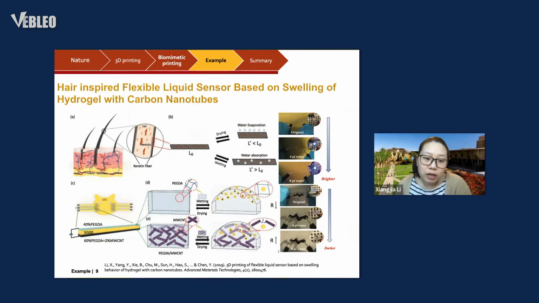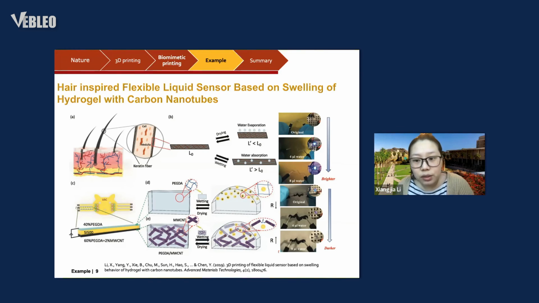Based on that, we developed a nanocomposite mixing hydrogel and carbon nanotube. So when it swells with water, the shape will change. The gap between the carbon nanotubes increases so that the resistance of the printed material will be increased.